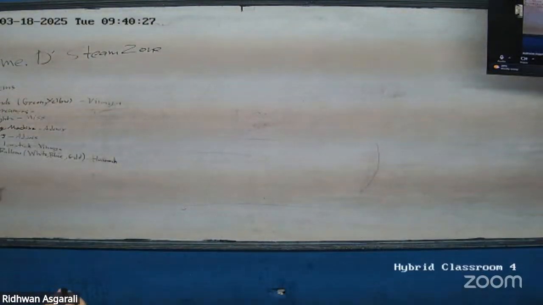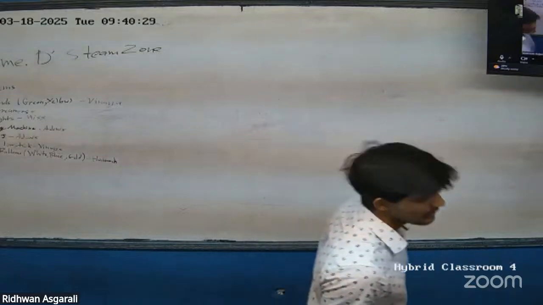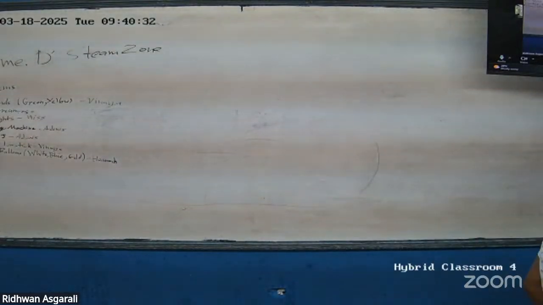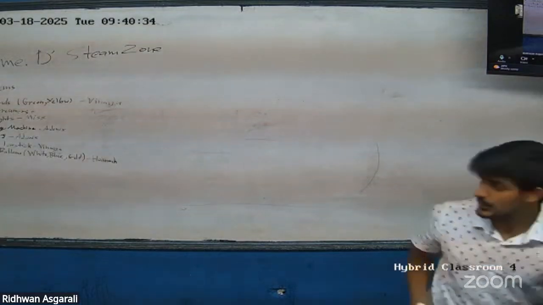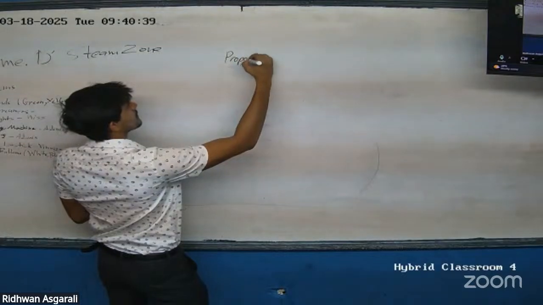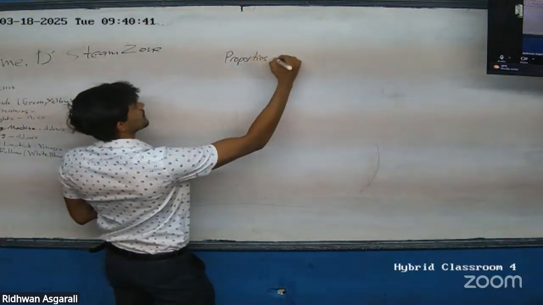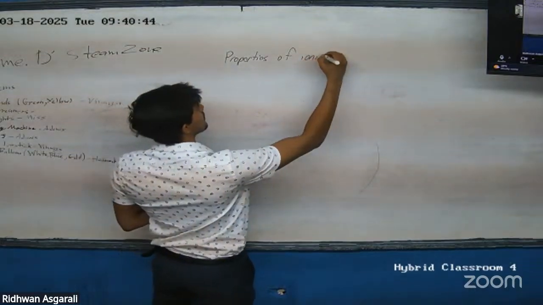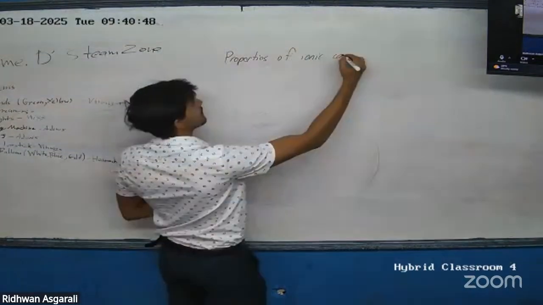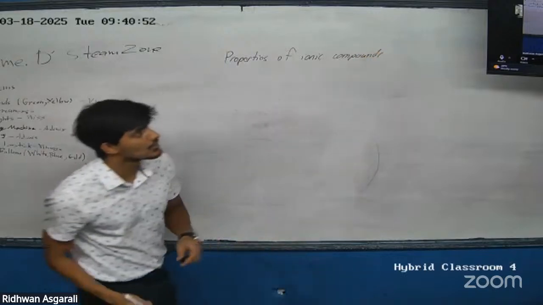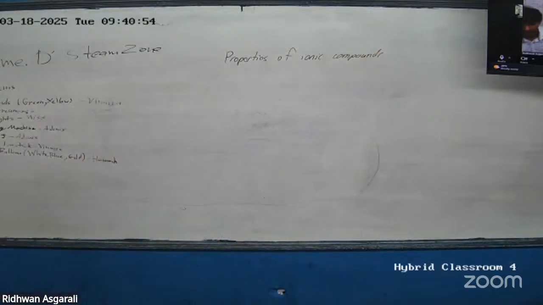17 of the 20. Right, so we started with ionic bonding yesterday. Let's do properties of ionic compounds. Last class. Properties of ionic compounds.